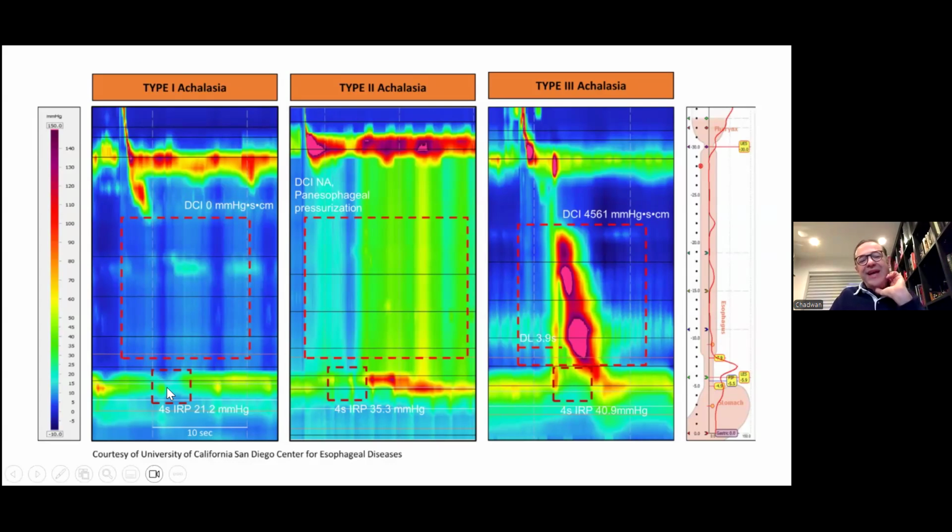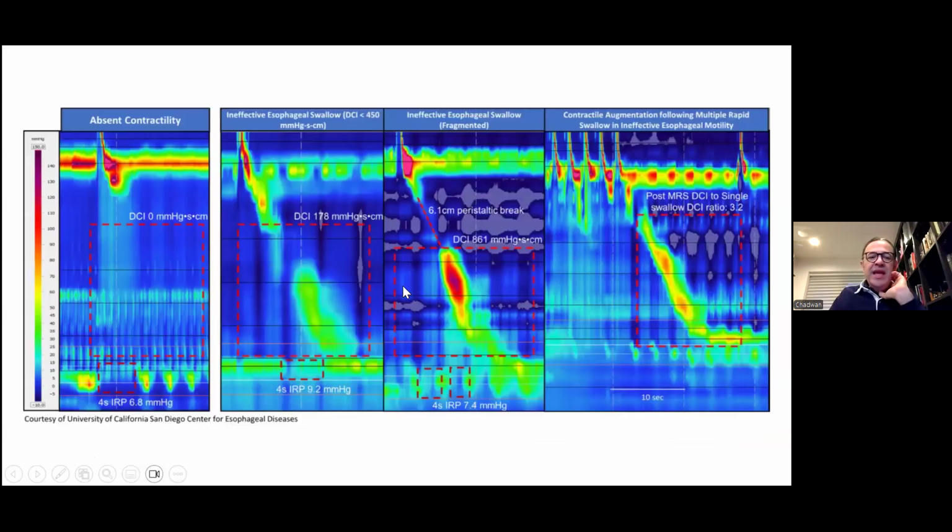So you start by looking at the lower esophageal sphincter. If there is failure of relaxation, then you're looking into achalasia, different types from type 1, 2, and 3. If that's opening normally, then you have various different findings: either it is hypomotile, so you can see complete absence of contractility, or ineffective swallowing.